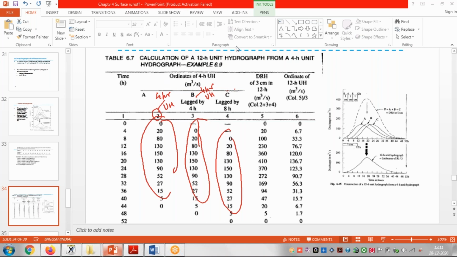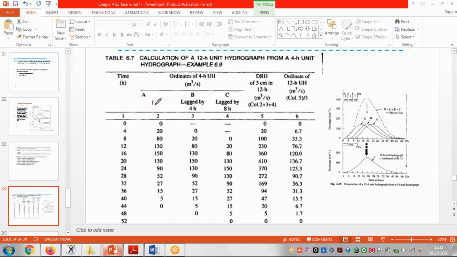If I add all these three, this is my 4-hour ordinate, this is also my 4-hour ordinate, and this is also my 4-hour ordinate, so it will become what? It will become the 12-hour ordinate, but for 3 centimeter rainfall.